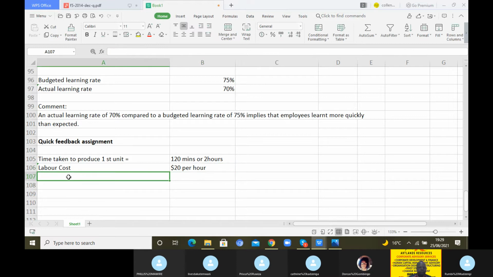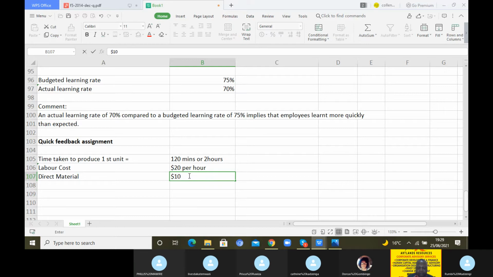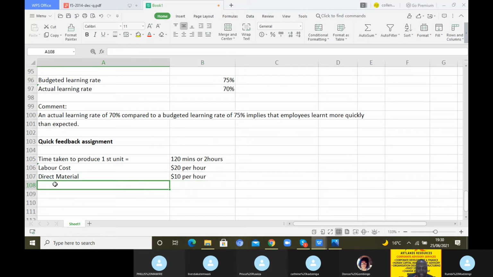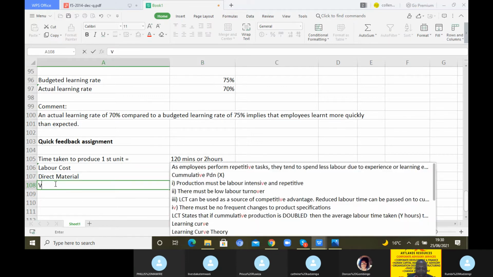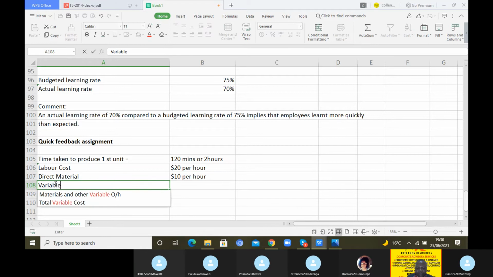And then materials, direct material. Direct material is, in this particular example, let us just say $10 per hour. And then variable overheads.